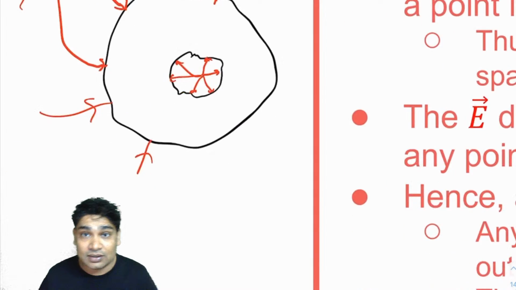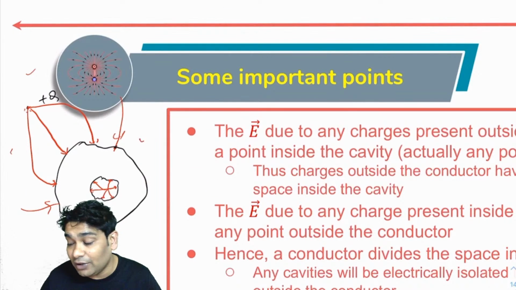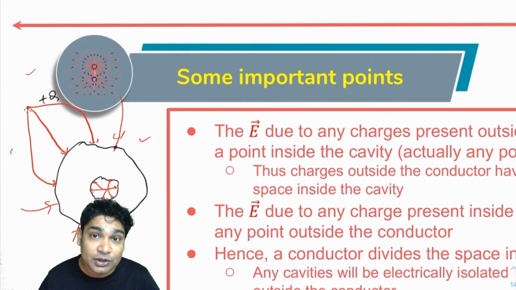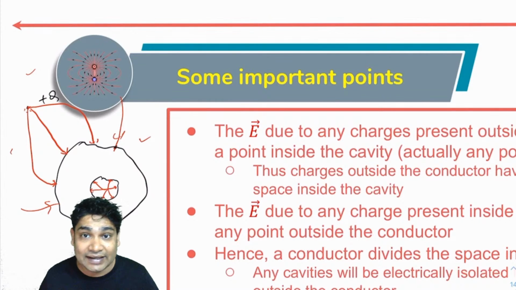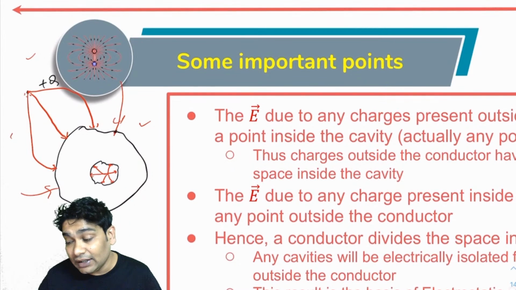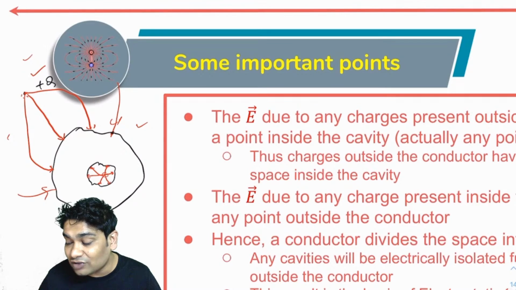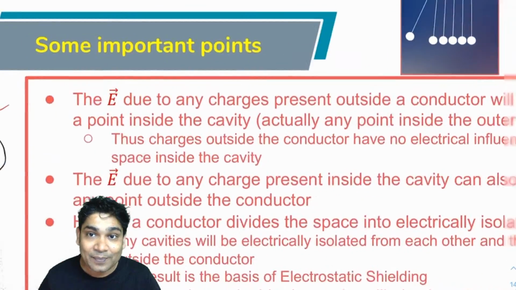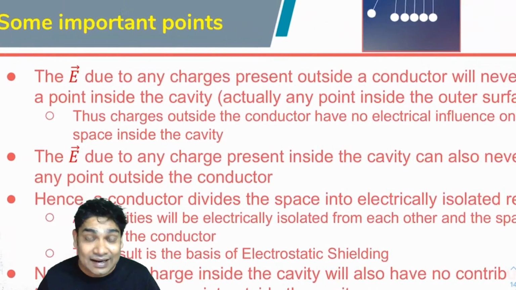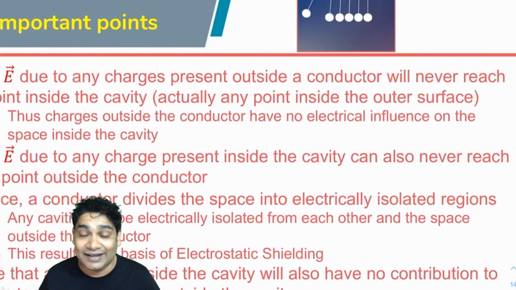So all the field lines of any charge kept outside will terminate on the outer surface. All the field lines due to any charge kept inside the cavity will terminate on the surface of the cavity. So neither can the field lines of this charge reach inside, nor can the field lines of this one reach outside. Hence, a conductor divides the space into electrically isolated regions.